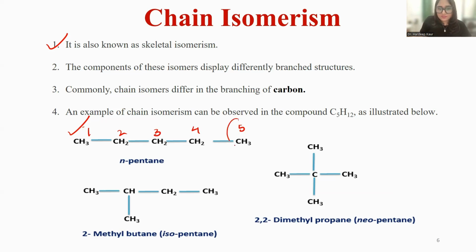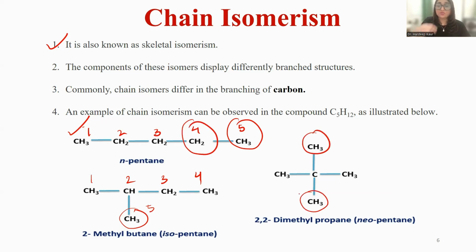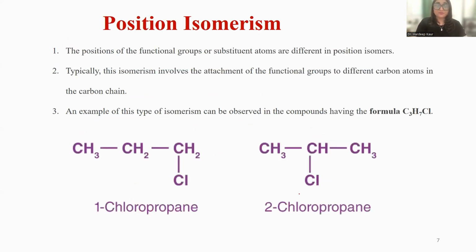But when this carbon is placed here, the carbon number is the same, but now it is 2-methylbutane, or isopentane. Similarly, if another carbon is placed like this, its IUPAC name will change because of more branching. More different structures are displayed by that carbon chain, and where we just break the chain and create branching, we call it chain isomerism.